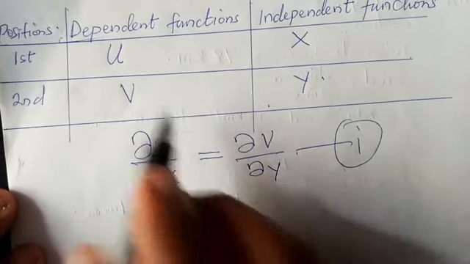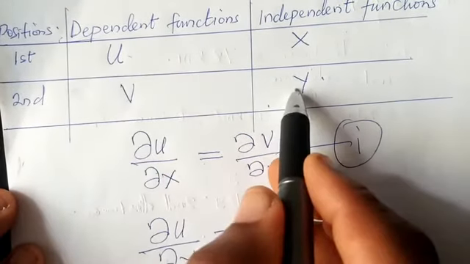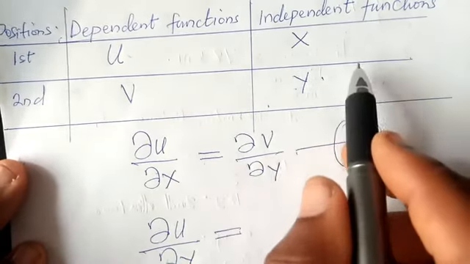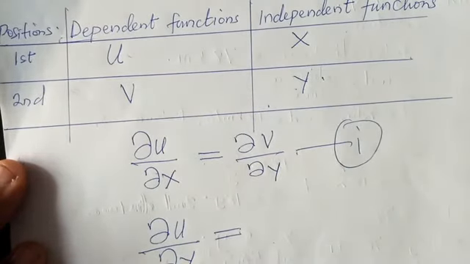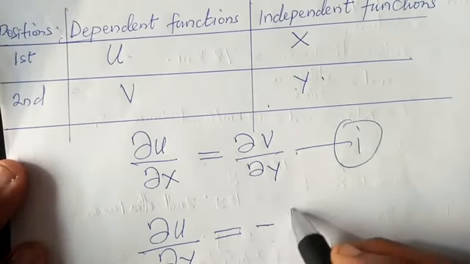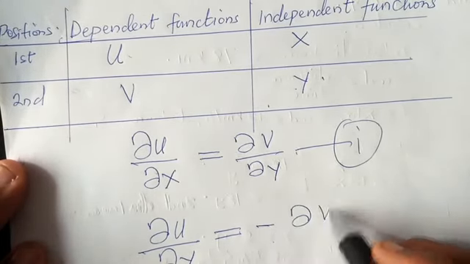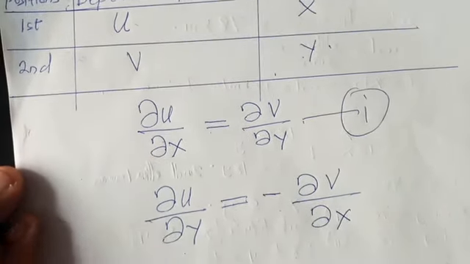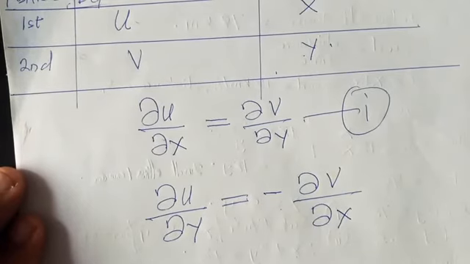Now when you go from the first position of the dependent variable to the second position of the independent variable across the rows, then it is a negative, because it's not supposed to be so. All right, so we have del v over del x, because they are going to cancel each other. They are canceling each other because they're negative. It's not supposed to be negative.